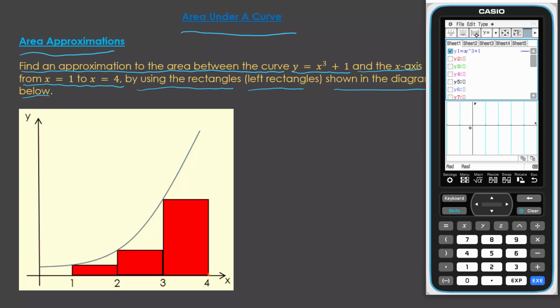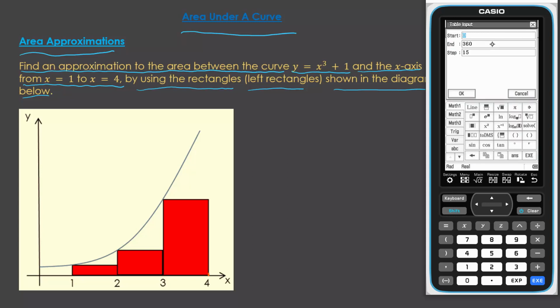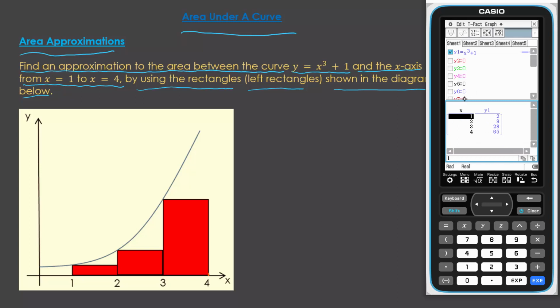And I'm going to generate a table, and I am going to start my table at 1. I'm going to take it to 4. I don't need 4 for this first part, but we will need it shortly. With a step of 1, we can see all the rectangles are 1 unit wide.